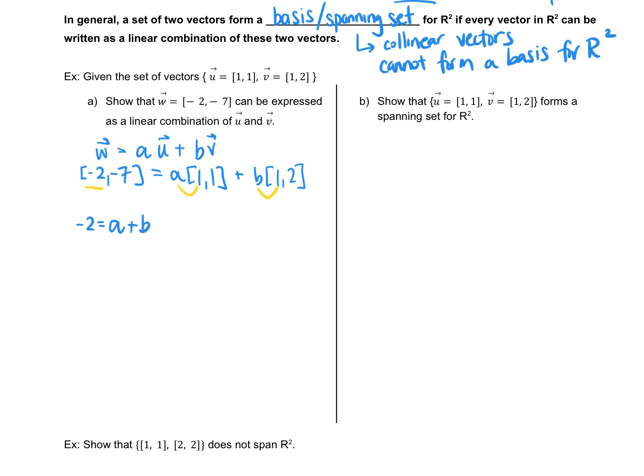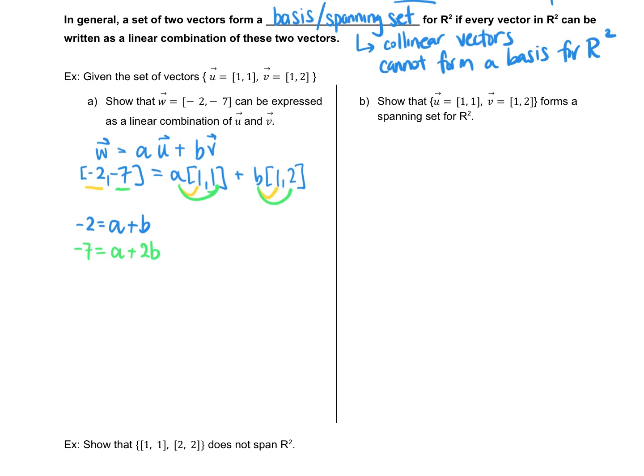Now I'll do the same thing for the y components. -7 can be written as 1a plus 2b. And now I have a linear system. Now we're in grade 10. I need to solve for a and b, and I have two equations about a and b.